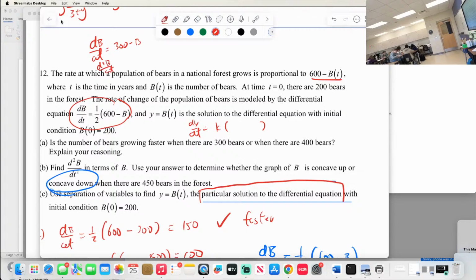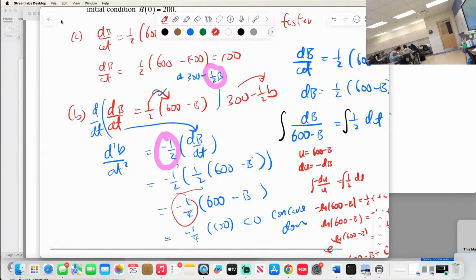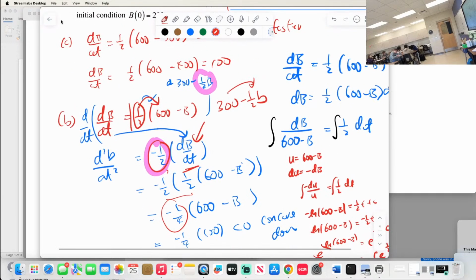If I take a derivative, 300 is 0, and the derivative of b is negative dv/dt, right? Oh, there's a 1/2, sorry. So that's why you have negative 1/2 here, and then for dv/dt, you substitute the original function. This is dv/dt, so you substitute it here.